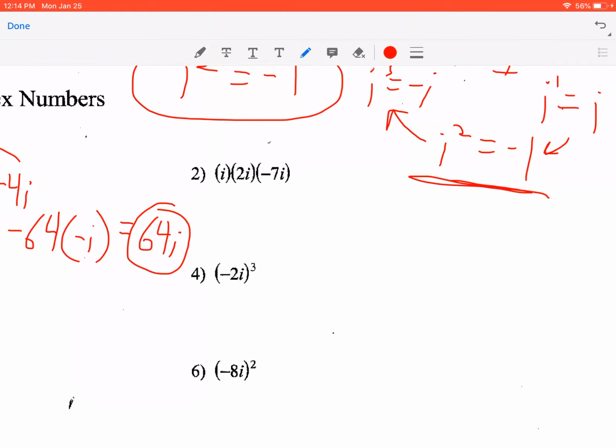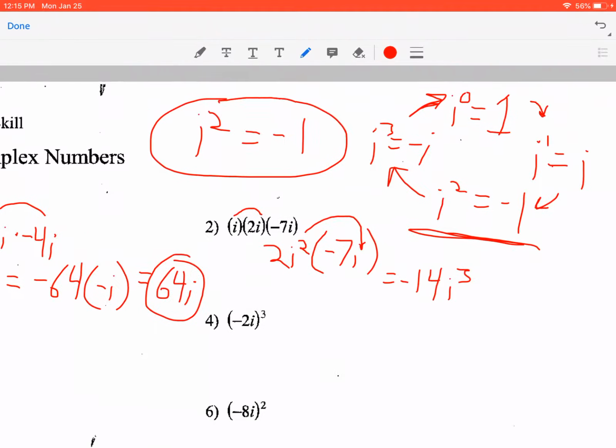Okay? Let's go to number 2. All right, so I've got i times 2i, that would be 2i squared times -7i. So I'm going to multiply 2 by -7. That's -14. i squared times i, remember if the base is the same, add the exponent, so that's really 2 plus 1 here, so that'd be i to the third.